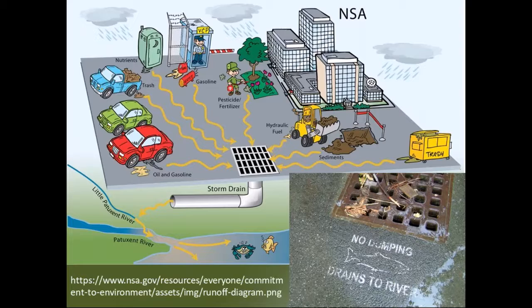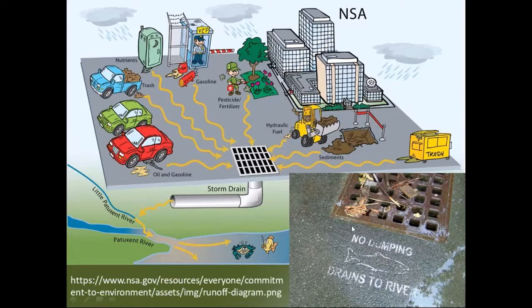The government put this cartoon out, which illustrates that point again. And they use the NSA as the bad guy on this diagram. Anyway, again, anything on that paved surface, from fertilizers and pesticides to gasoline and oil leaking out of your cars, brake dust coming off your rotors, it all gets washed into the storm drains, which then go directly into the nearby rivers.